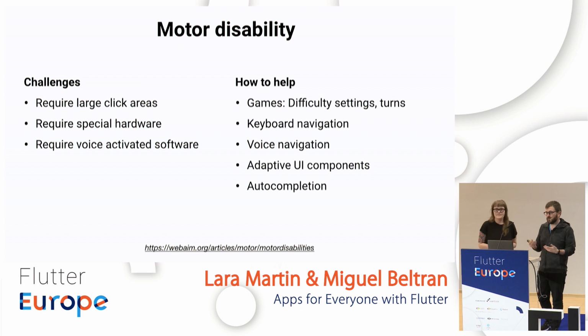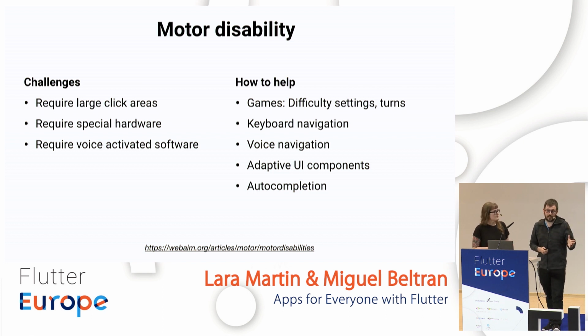How can we help? If you are developing games, you can enable a way to set difficulty, to make the game easier for people who have this type of disability, and also to provide a mode that can pause the game so they can play at their time. You need to be sure that keyboard or switch navigation works, and provide the user with the options of using your application, either using this keyboard or this switch access that we saw at the beginning.